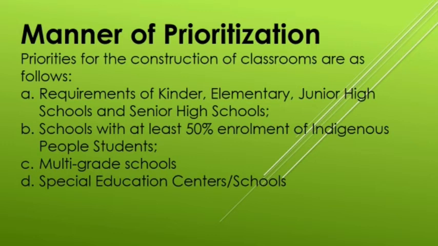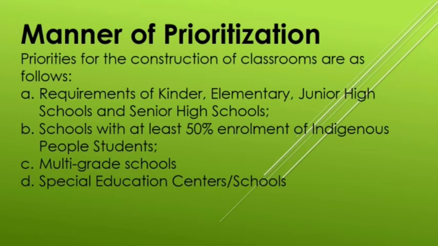So our government chooses who will be given a priority, or the prioritization, and this is what we call manner of prioritization. So priorities for the construction of classrooms are as follows. A. Requirements of kinder, elementary, junior high schools, and senior high schools.